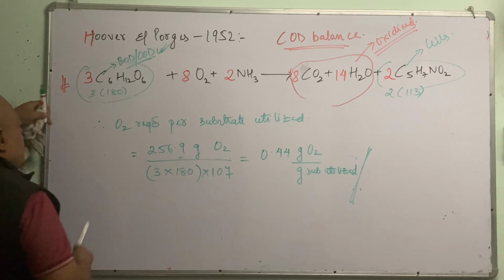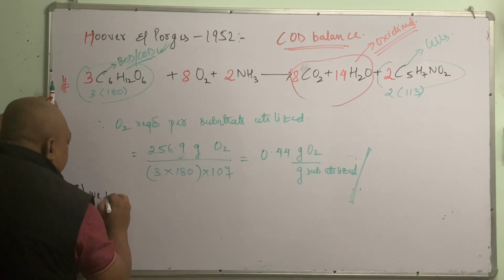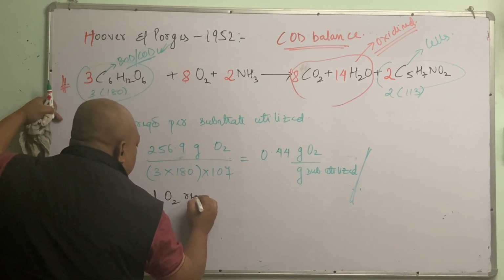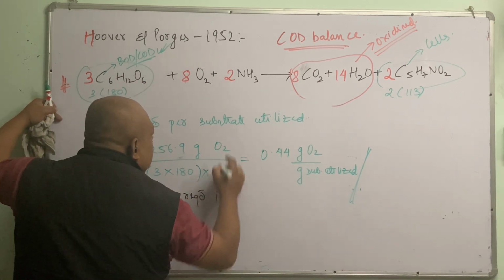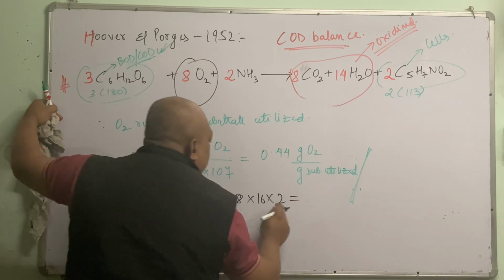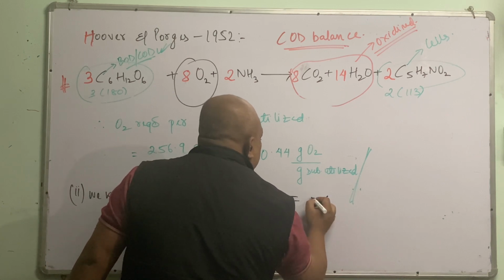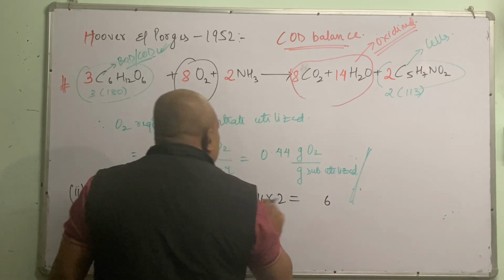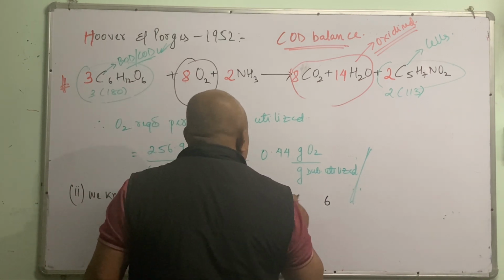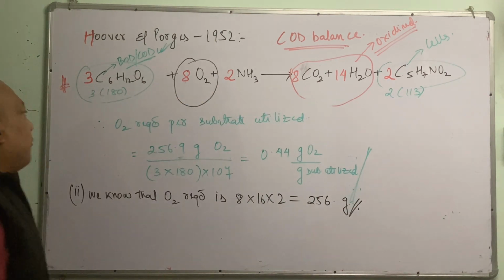Now, second one, number 2, from the direct equation, we know that the oxygen required is 8 into 32, which is 256.